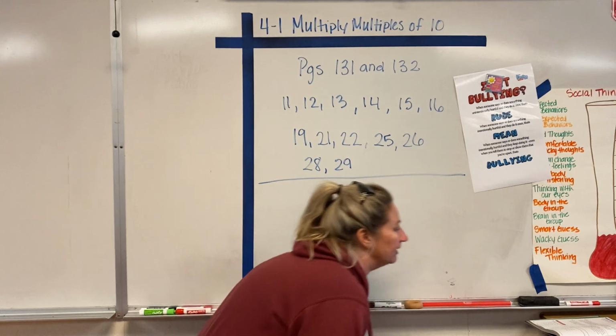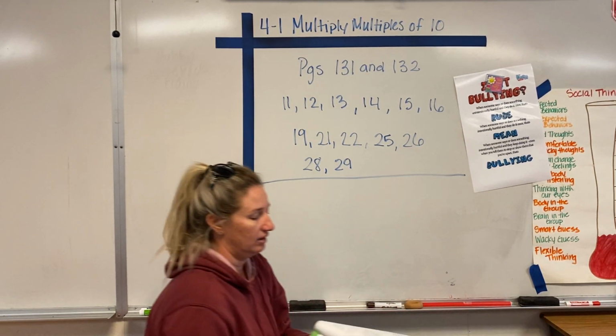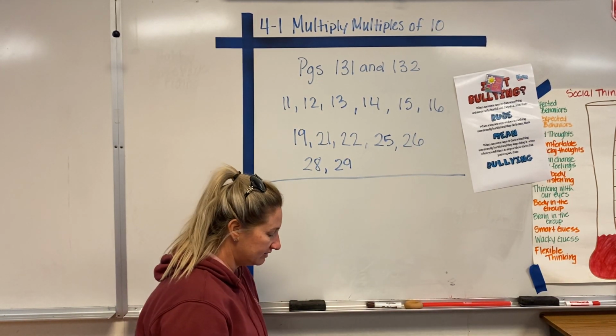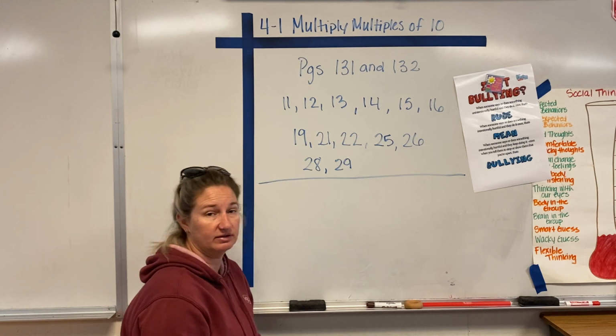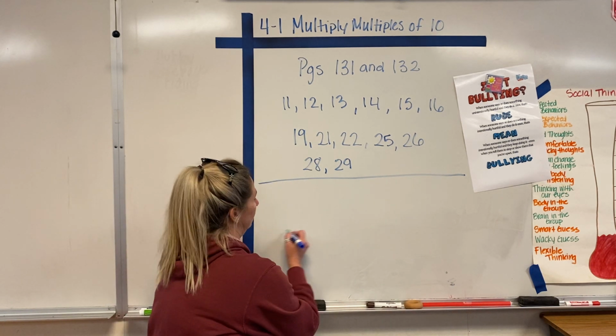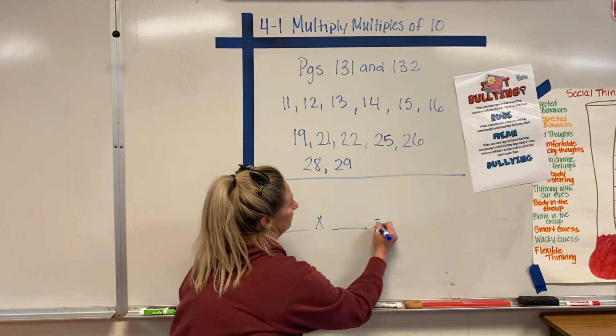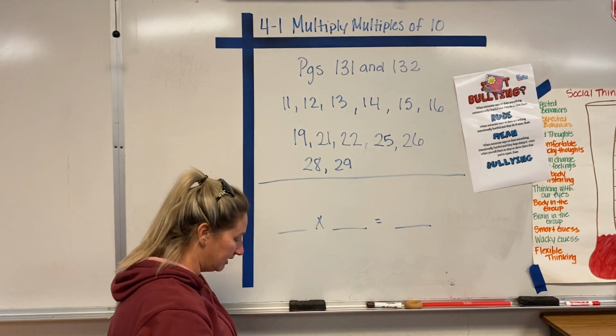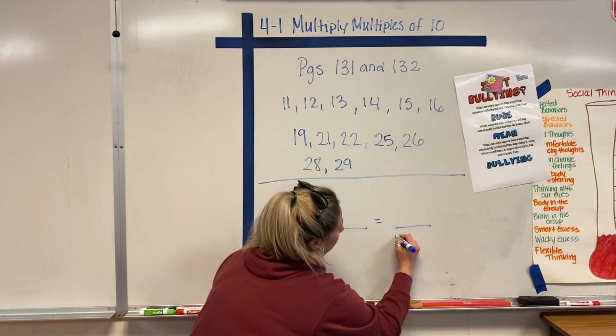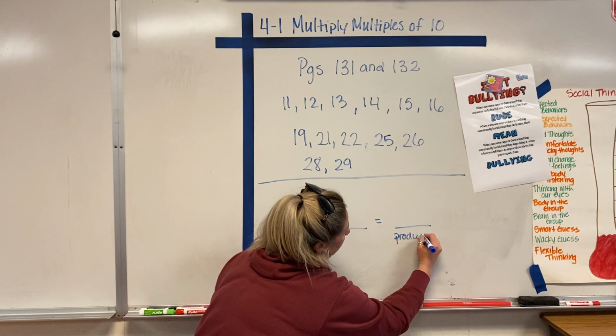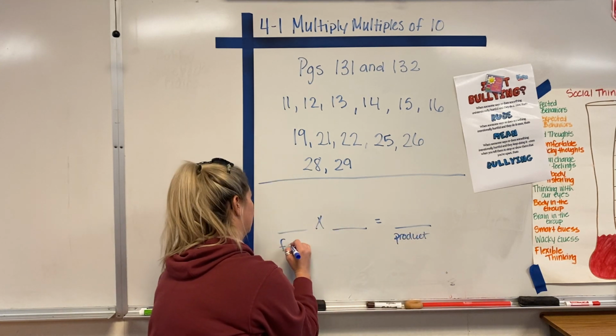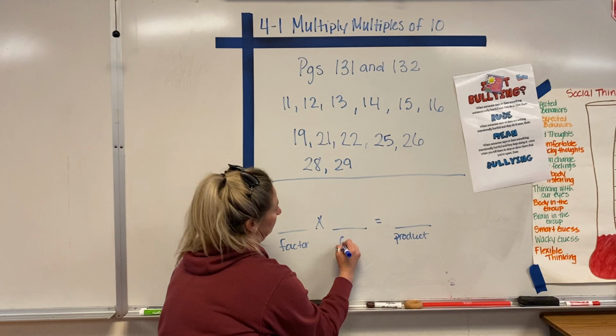All right, so it says, what is one example of a product? So that's an answer. So I'm going to have a blank times blank equals blank. This part is the product, and this is a factor, and this is a factor.